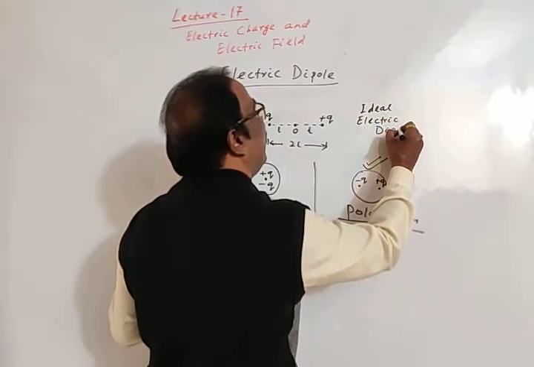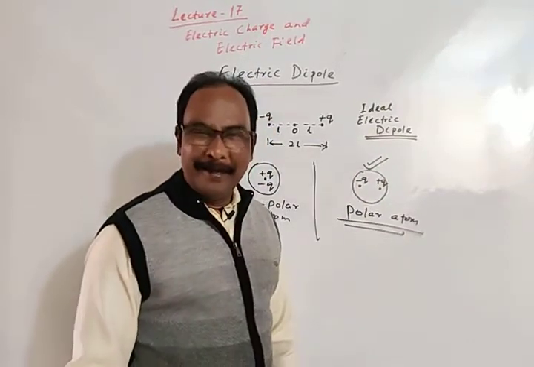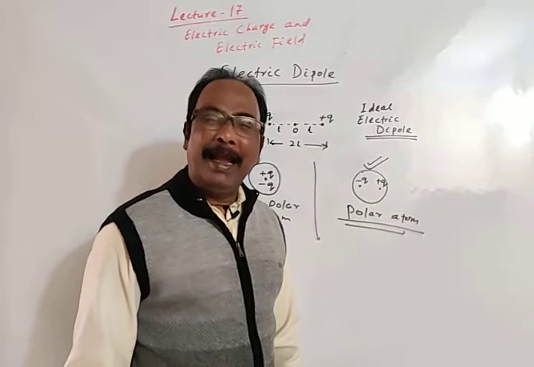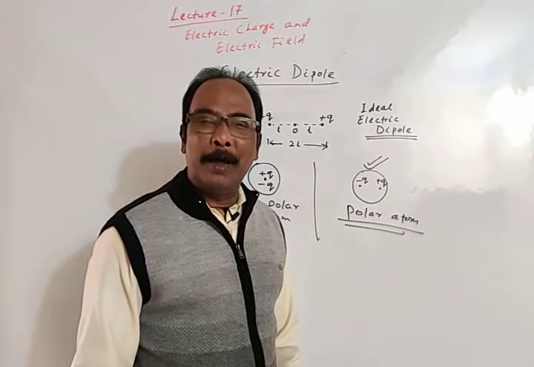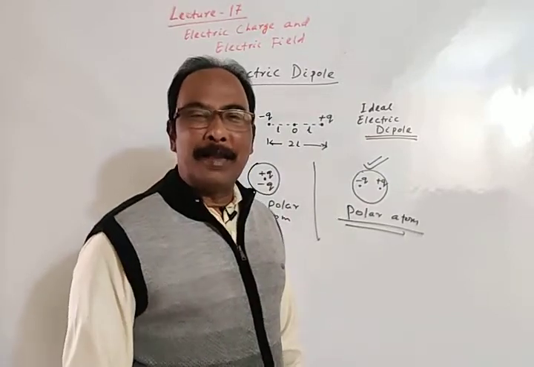An ideal electric dipole is the same thing, but with one little consideration. An electric dipole consists of two equal and opposite charges separated by a small distance.